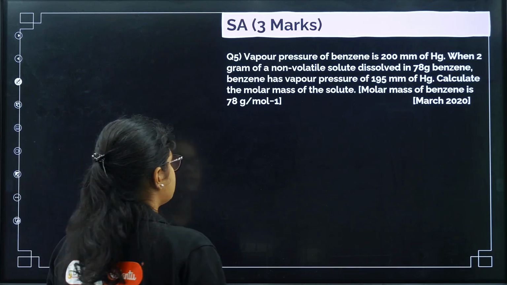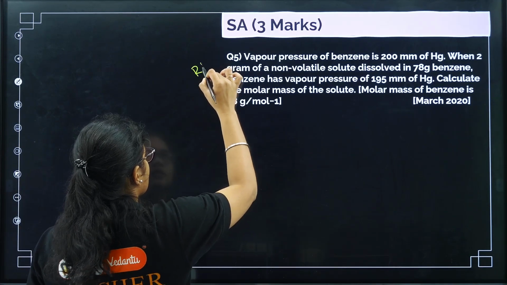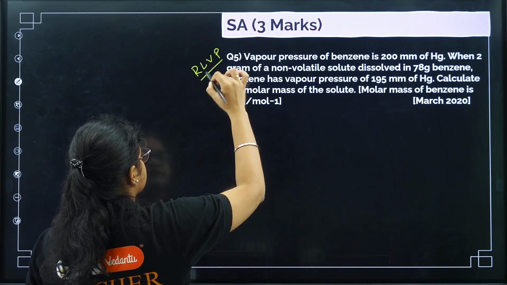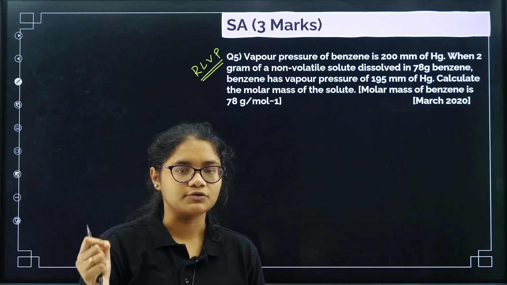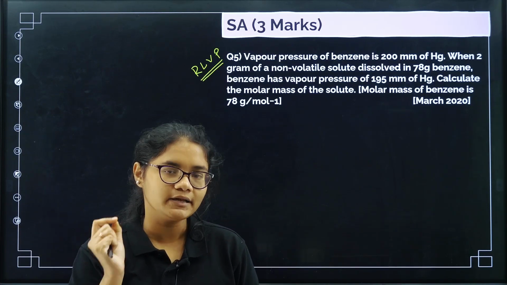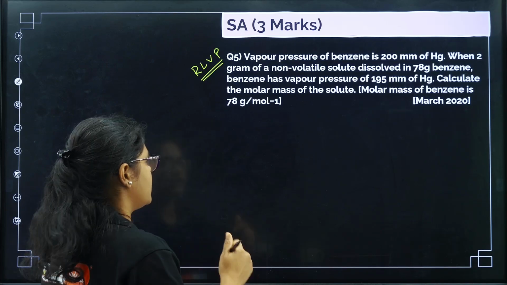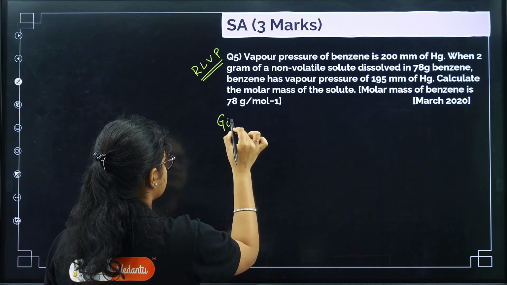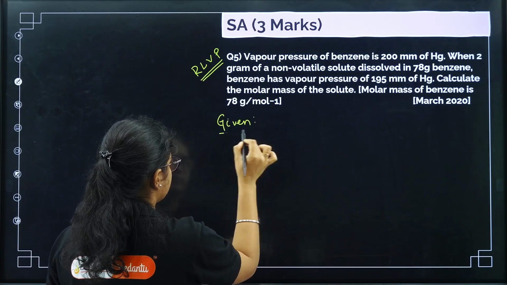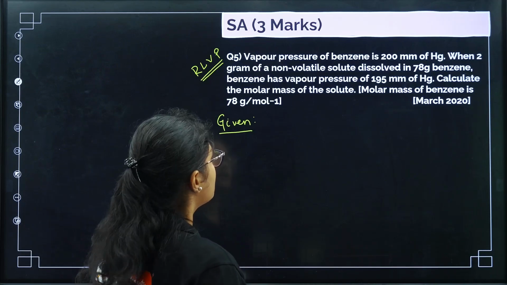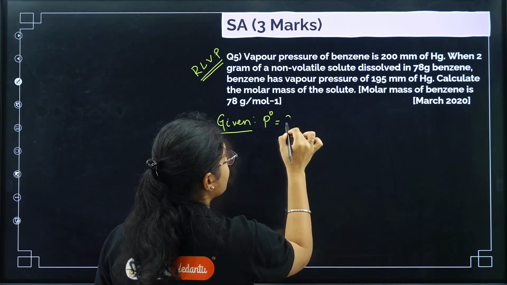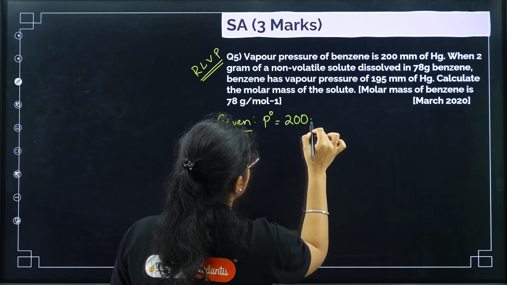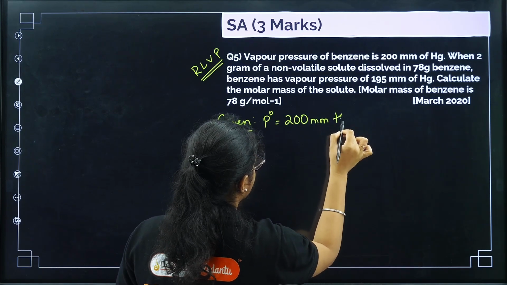Okay, so this question is from relative lowering of vapor pressure. Whenever a solute is added to a solvent, the vapor pressure of the solvent decreases, right? So let us proceed with the given data first. Pure vapor pressure is denoted as P naught, that is your 200 mm Hg.